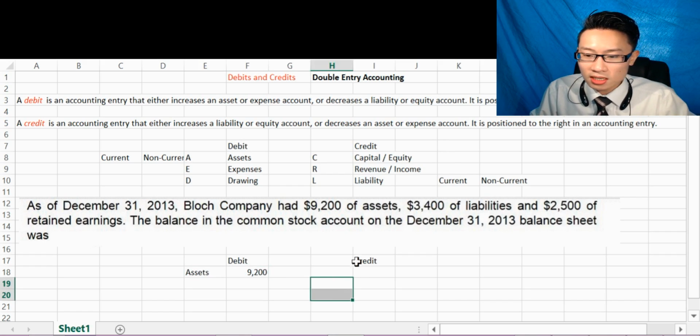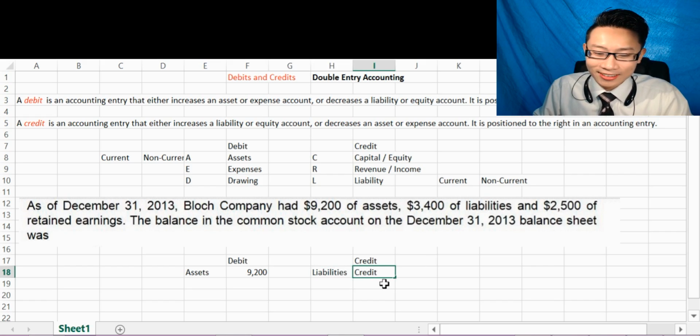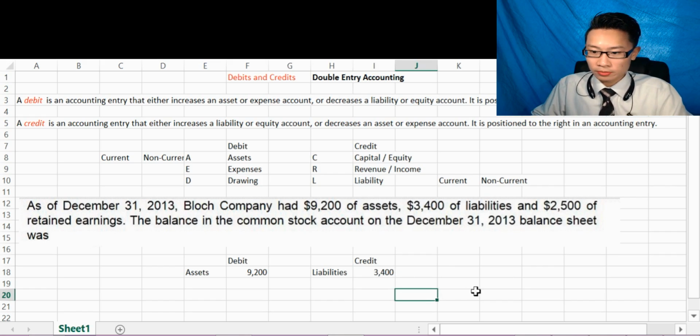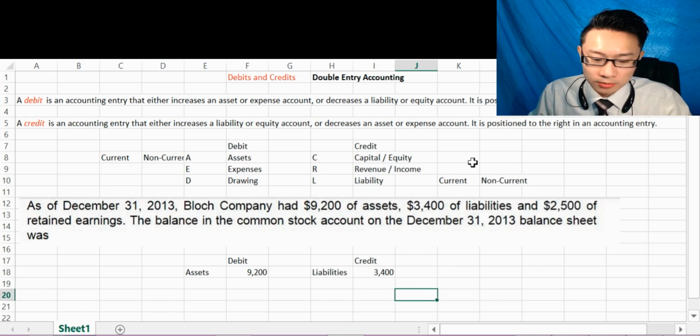And then the second one, we have 3,400 of liabilities. And where does liability go? Liabilities go into the credit column. So we're just going to put it into the credit column. Oops, not put credit, put the number there. Good. And 2,500 are retained earnings.